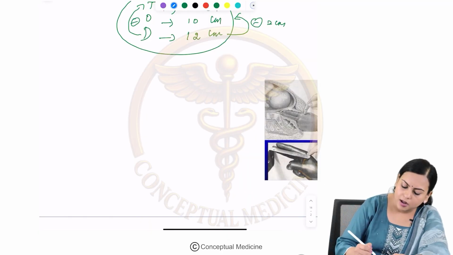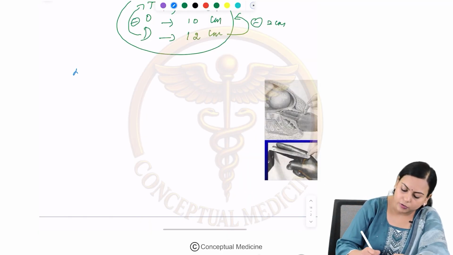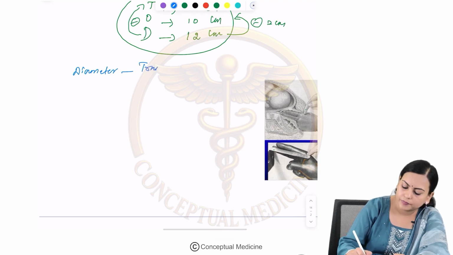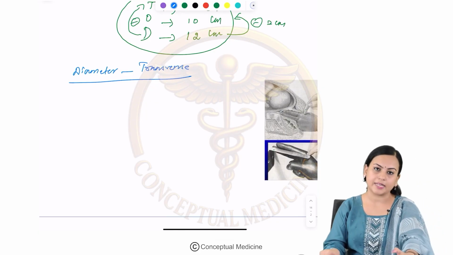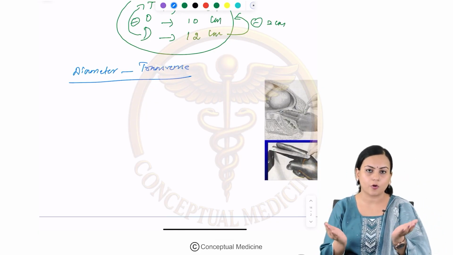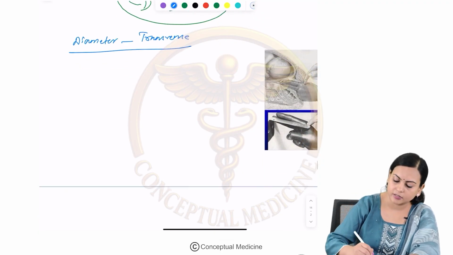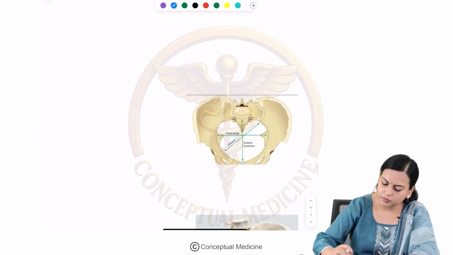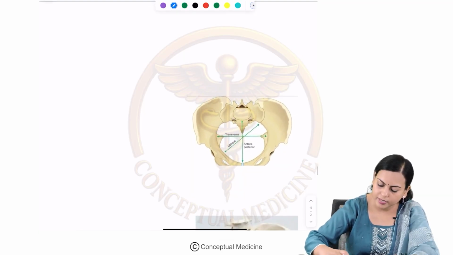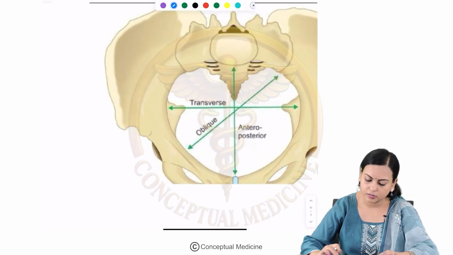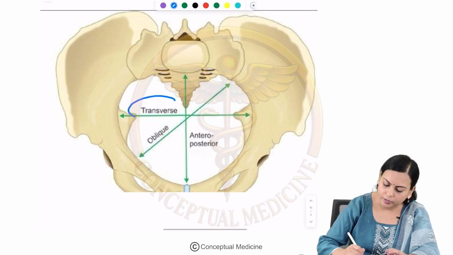Then the next diameter you have to learn in the pelvis is the transverse diameter of the pelvic inlet. Now, transverse diameter of the pelvic inlet is measured on the most prominent part of the iliopectineal eminence on either side. Okay. So, this is the transverse diameter of the pelvic inlet, what I am speaking.